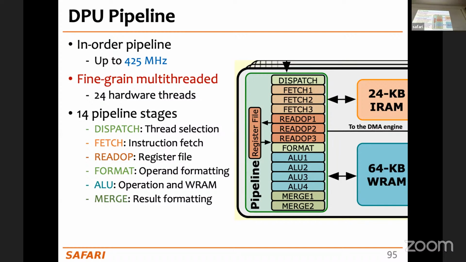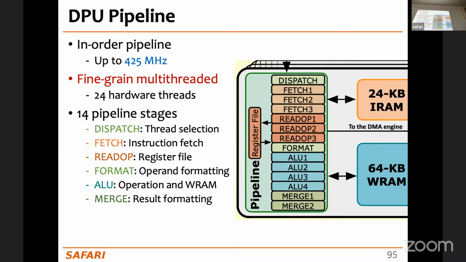You will need to stall the pipeline, or you will need to forward data from a later stage of the pipeline to an earlier stage. Nothing like that is available here, and it's not necessary because the pipeline is fine-grained multithreaded.